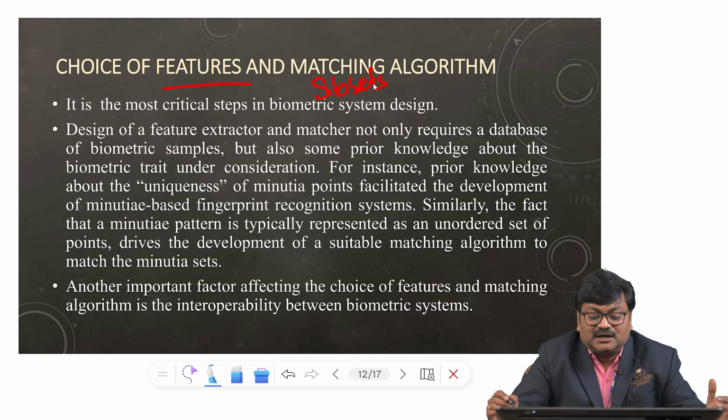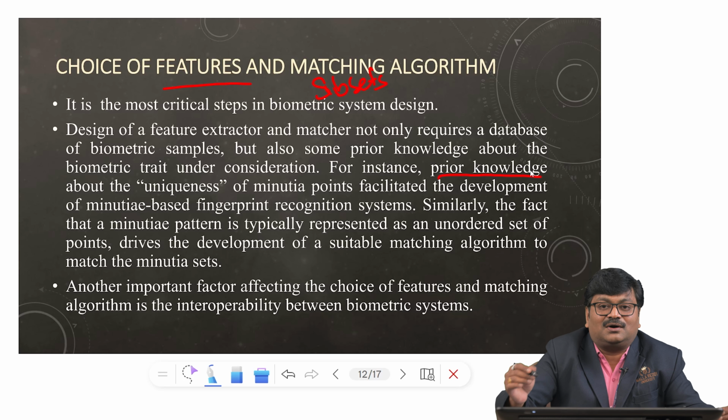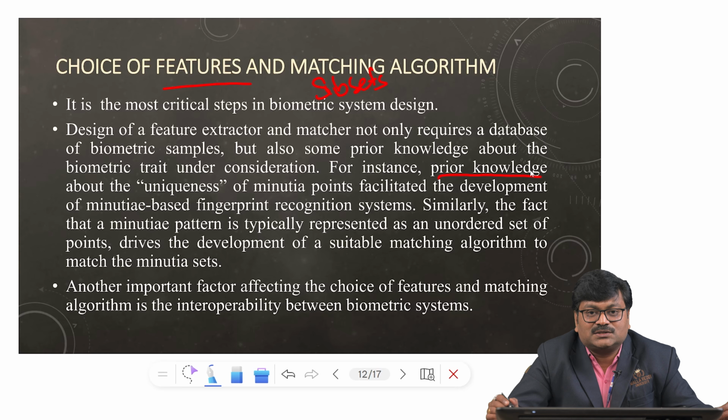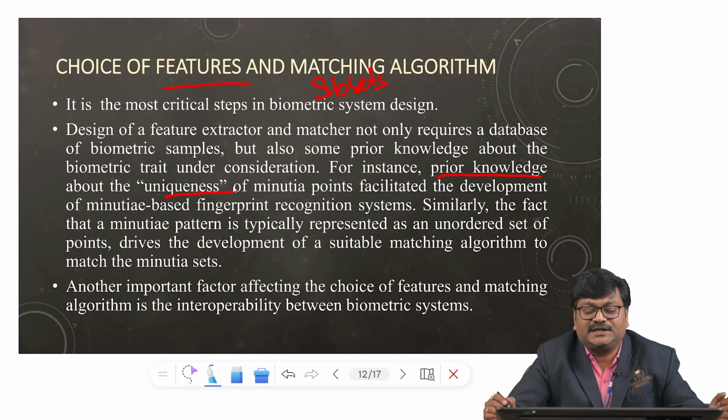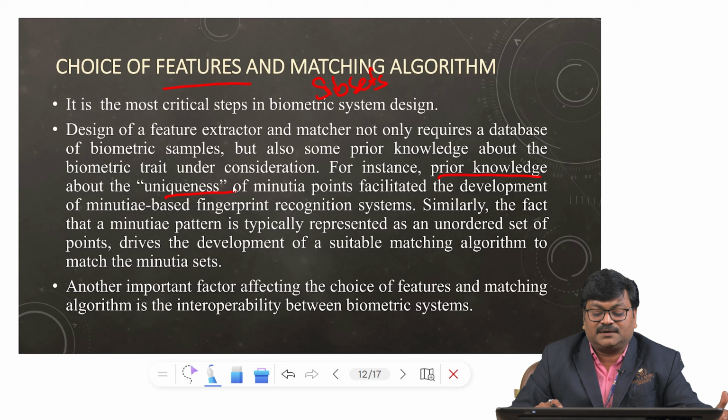So here prior knowledge is always required for us to define the uniqueness related to the subsets. And if I am capable enough of taking that, then I'll be able to perform matching or comparison based on the software programming method, by using certain algorithms, I'll be validating it.